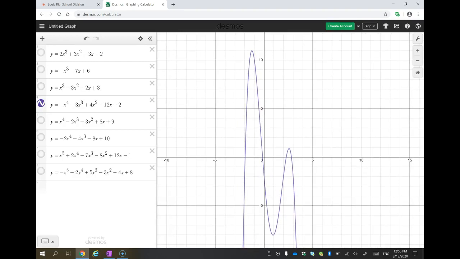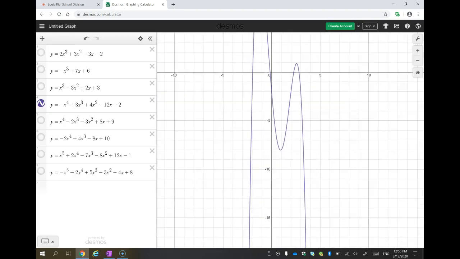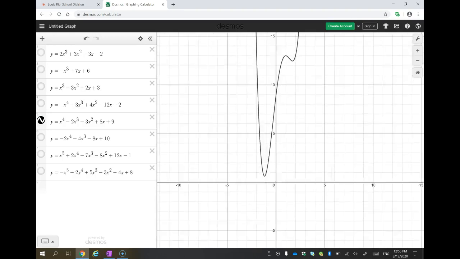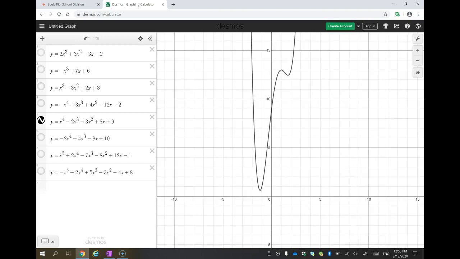It has 2 peaks and 1 valley. All right, and if you look at this one, it goes down both ways when you go falling to the left and falling to the right. Let's check out the other one. Looks quite different. This one has 0 x-intercepts. Has 2 valleys and 1 peak.